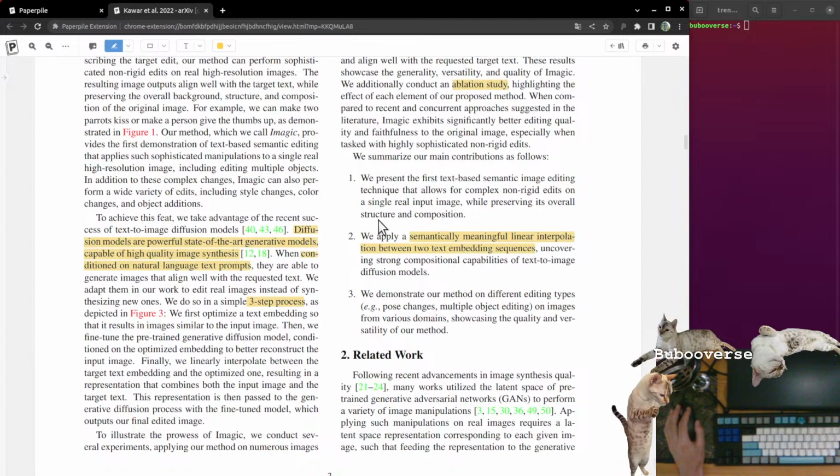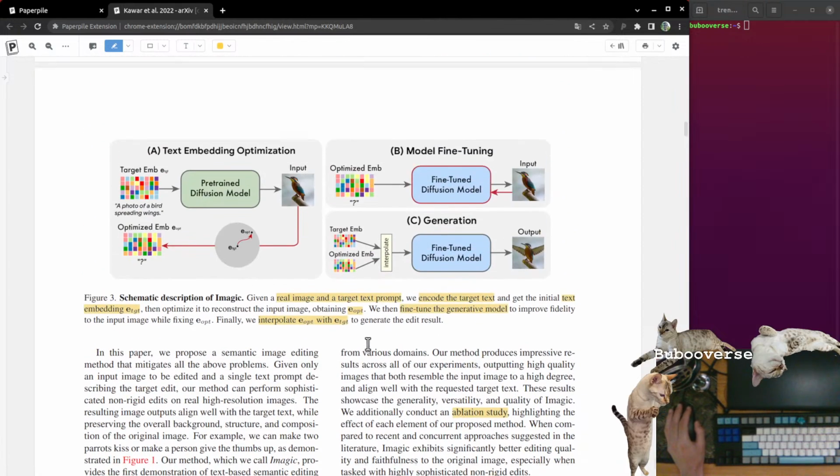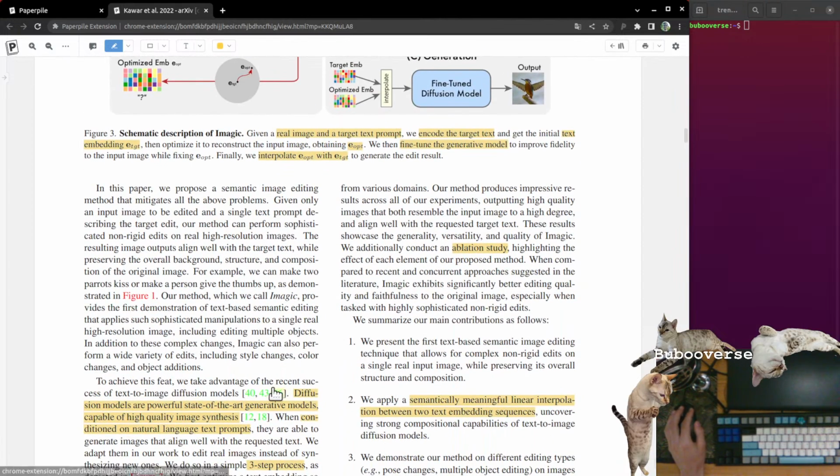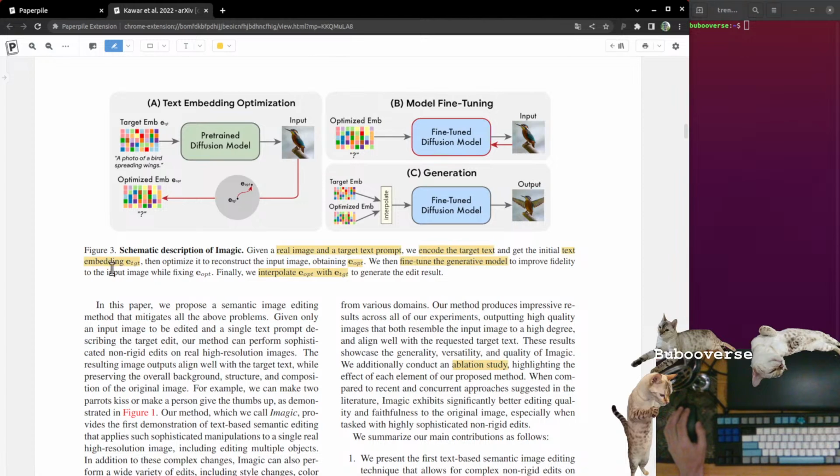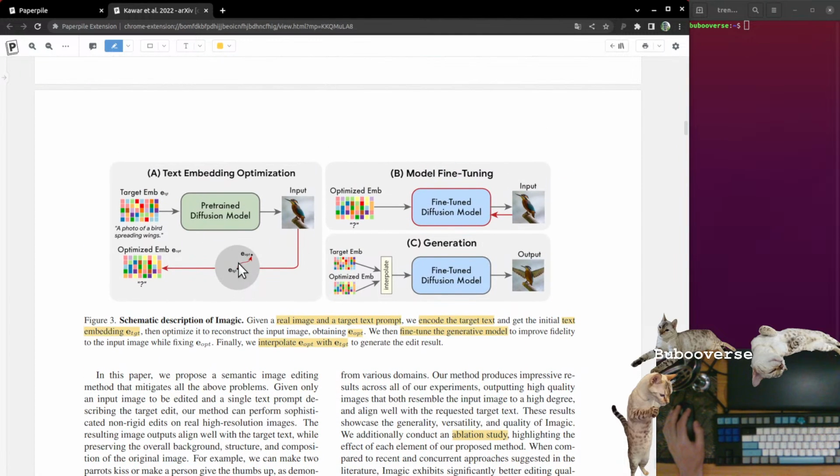Contribution 1 and 3 here are basically just saying our results are cool, and then contribution 2 is hinting at something a little bit more interesting here, which is that with this embedding space, you can interpolate between it and it's semantically meaningful, right?